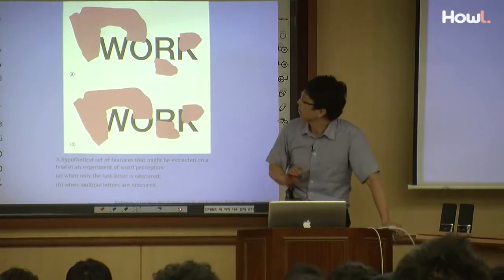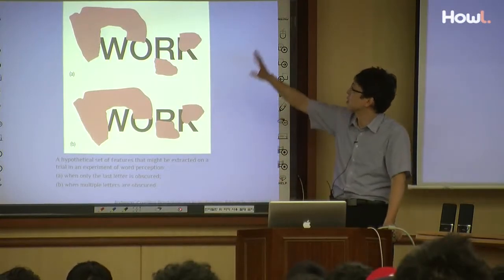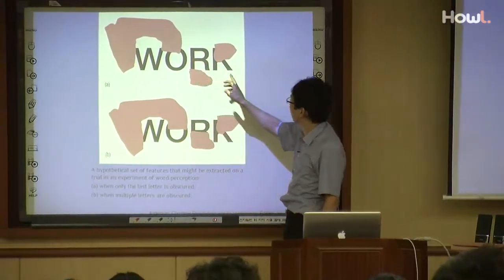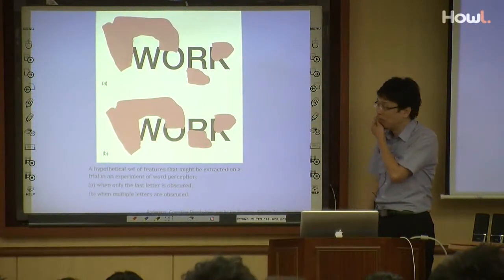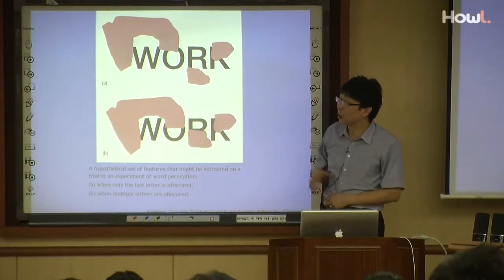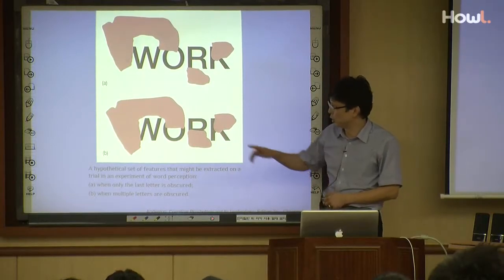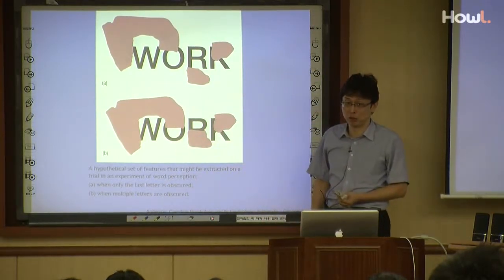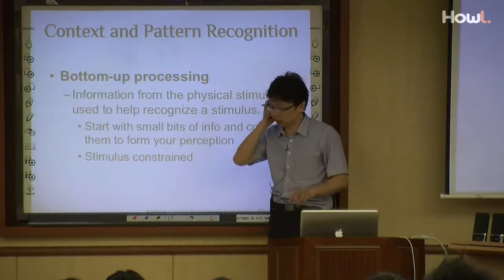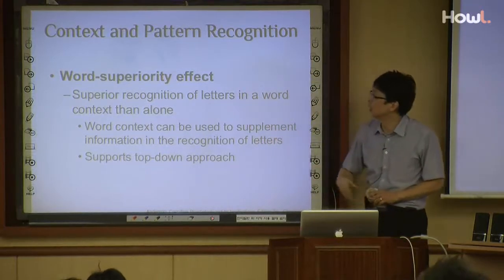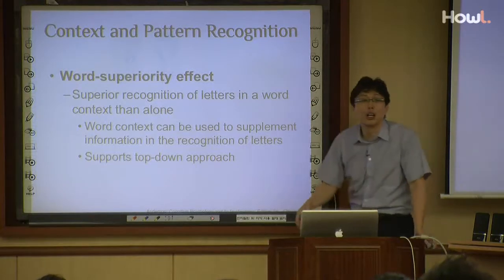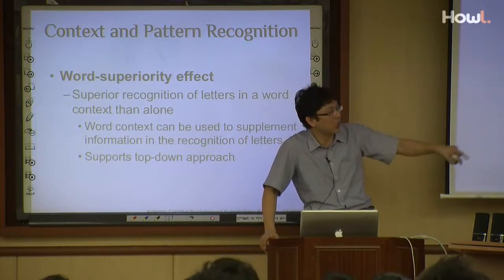Some of the experiments are like this one. If you delete some part of it, people can see this one is work rather than warm. See? When you're hiding many of them, it's really hard to understand what it means. It could be N, it could be W. Our textbook talks about the word superiority effect, the superior recognition of the letter in a word context versus alone, but another contrasting evidence is the missing word effect.